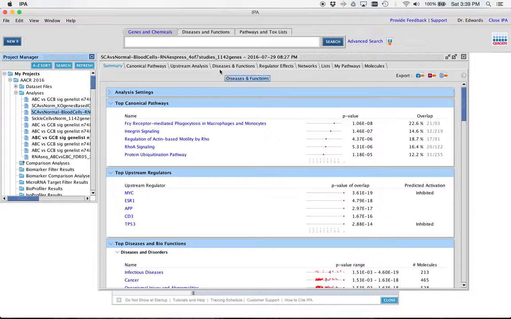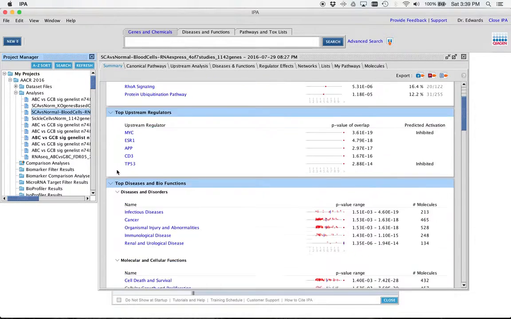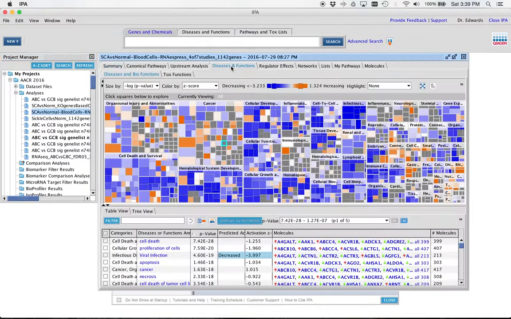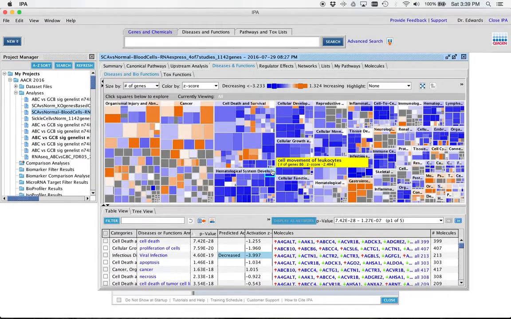This is the summary page, so I've uploaded it. It's basically showing me those things that are overrepresented in our gene list. We can go to diseases and functions, and I can size this by the number of genes. So the bigger the box, the more genes associated with that particular function.